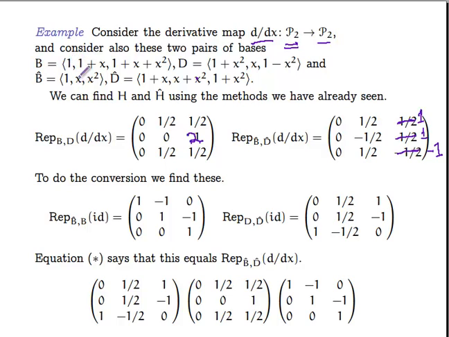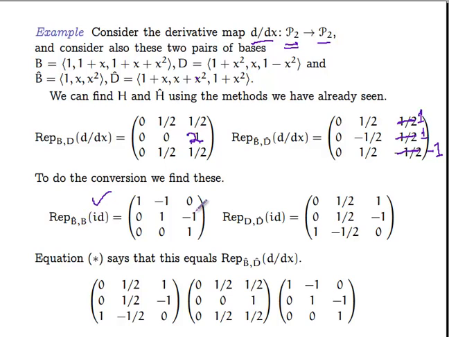X expressed in the b basis is going to be minus 1, 1, 0, which is correct. And x squared expressed in the b basis is going to be 0, minus 1, 1, which is correct. So that's the correct matrix representation of the identity from b hat to b.